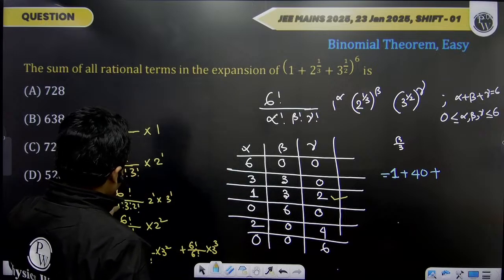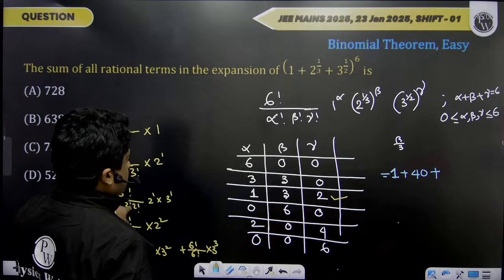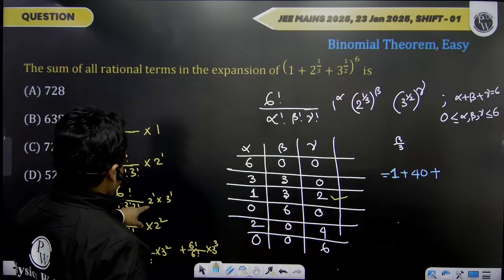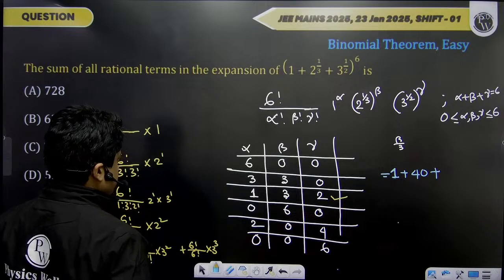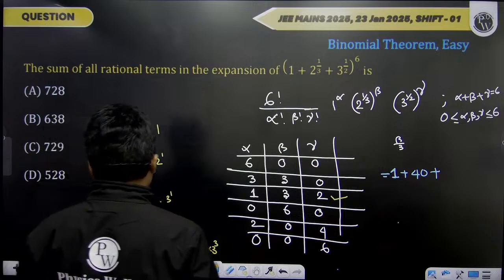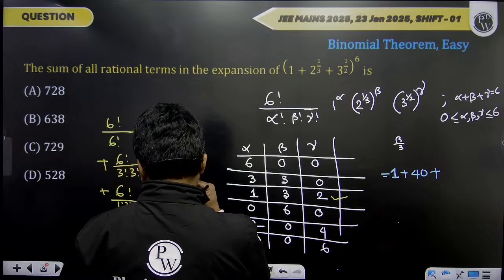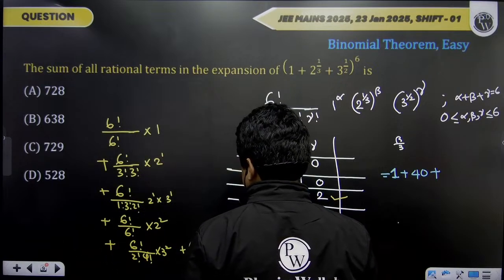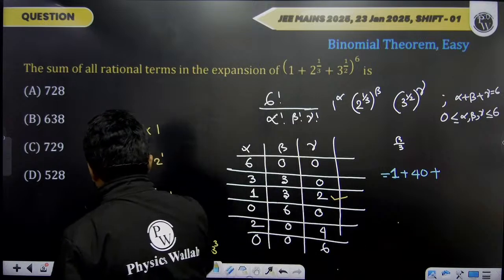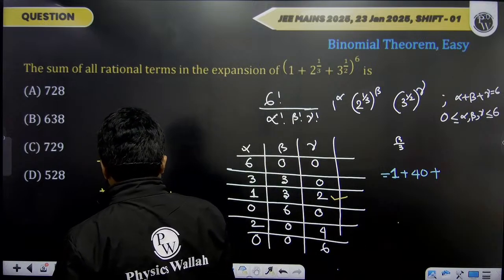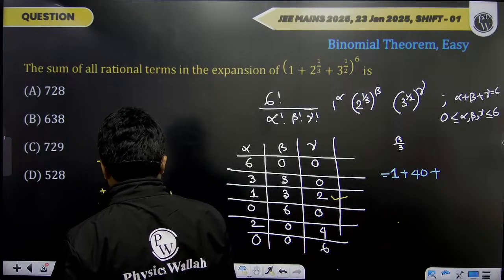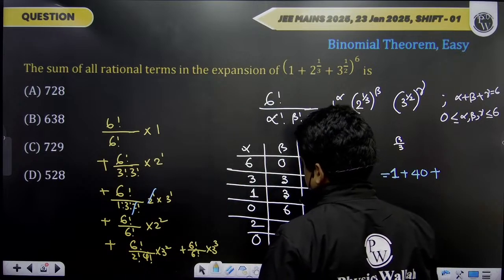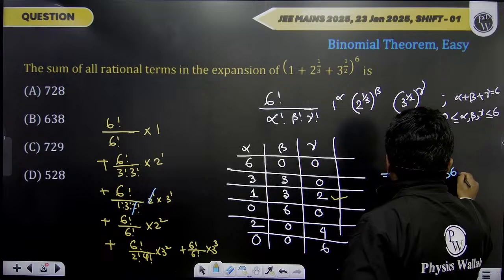6 factorial by 1 factorial, 3 factorial, 2 factorial, right? So 2 power 1 into 3 power 1, 6. So 720 by 6 into 12, 120 into 6. So this is 360, right?